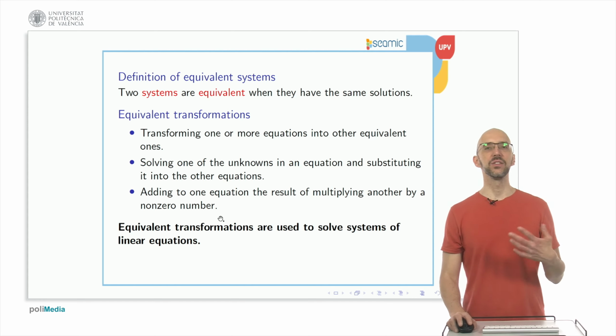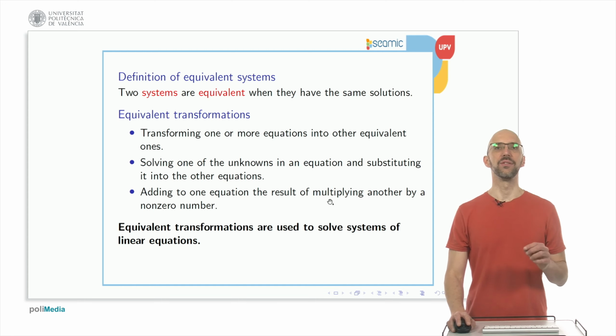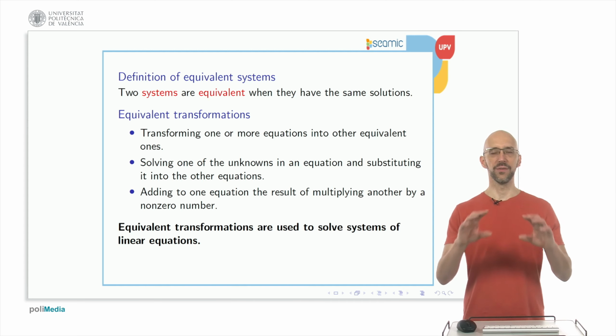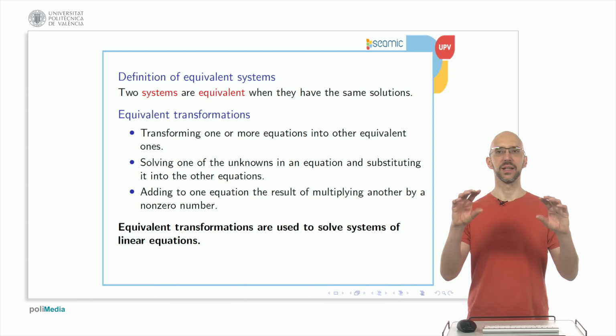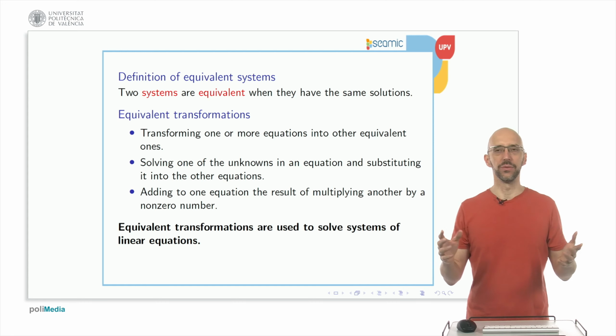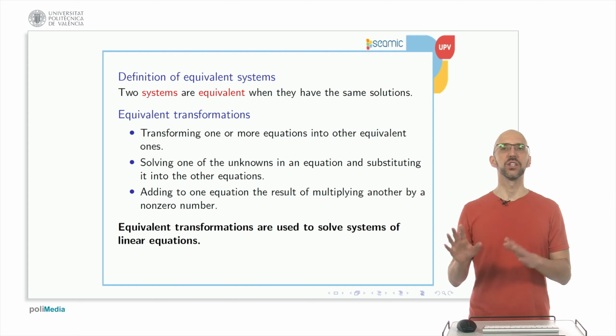Another thing that doesn't change the result is adding to one equation the result of multiplying another by a non-zero number. That is a very important thing. Because if I have a system of equations, I can just take one equation and add to it the second one multiplied by 2, for example. Then the solutions do not change.